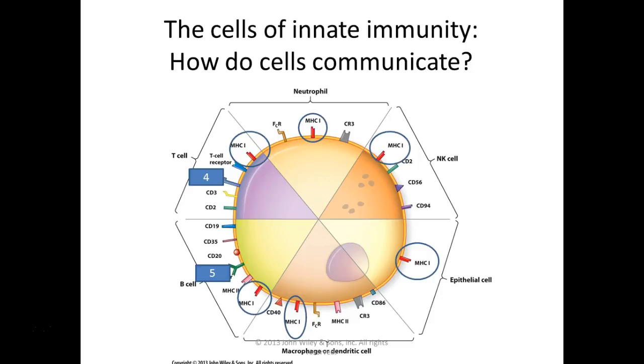Now, remember MHC is holding that foreign protein, whether it be your own abnormal protein or a virus protein or intracellular bacteria like a mycobacteria protein. It's holding it out, right, to the immune system going, here, look, look, look, this is what I got inside of me, help me. Who's going to help in this process? The T cells. T cells are what go around and inspect our cells.